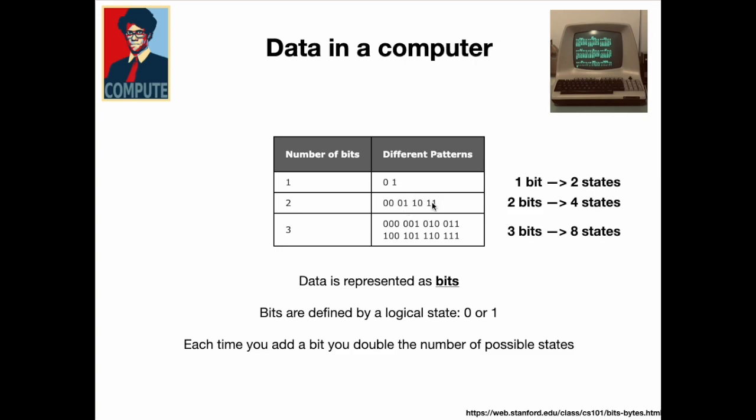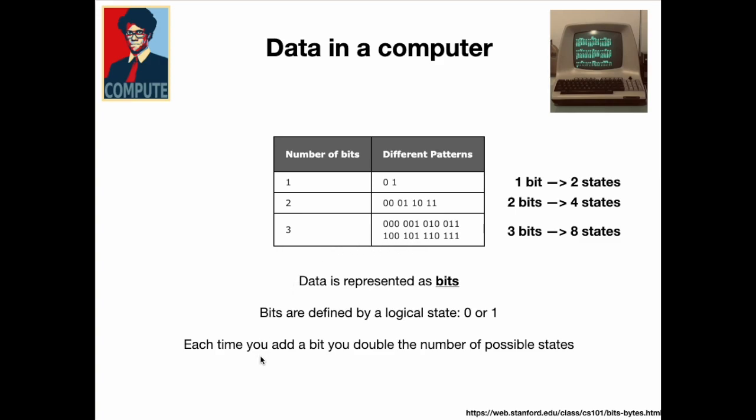1, 2, 3, 4. If you have 3 bits, suddenly you have 8 possible states. You can read them all here. These are 8 states.